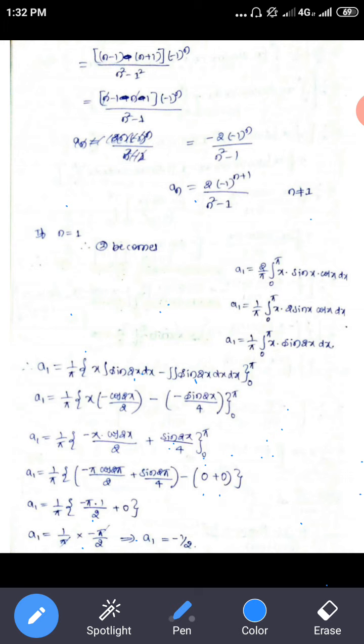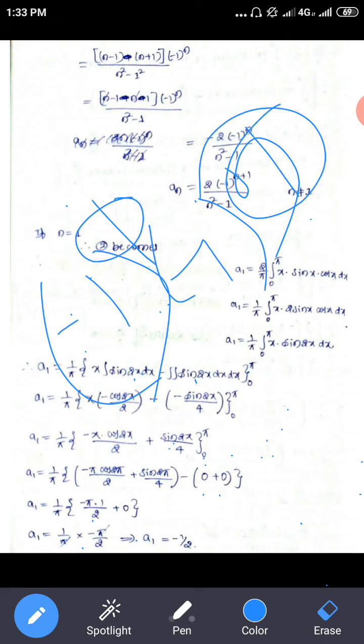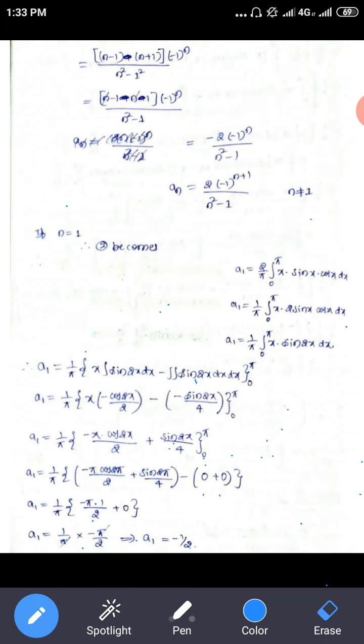So take out (n-1) minus (n+1) divided by n square minus 1. So open the bracket, n gets cancelled, minus 2 into (-1) raised to n. So 2 into, this is minus 1 and one more is (-1) raised to n. So whenever bases are same we can add the powers. So here power is 1, here is n. So what I will do is (-1) raised to n+1, divided by n square minus 1, where n is not equal to 1.